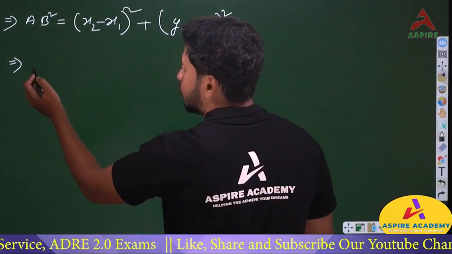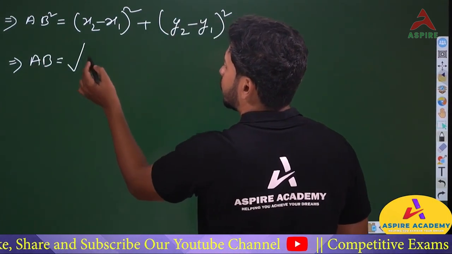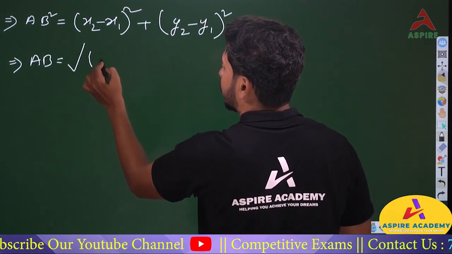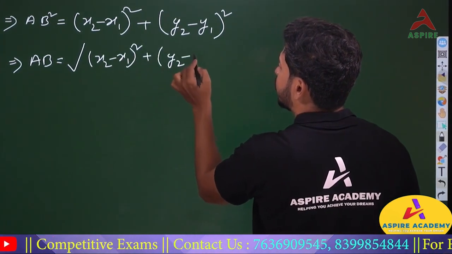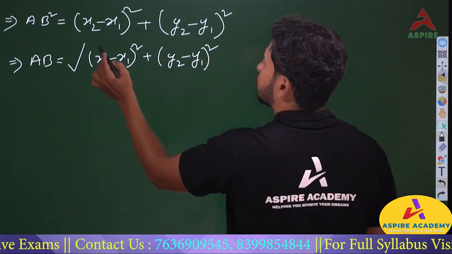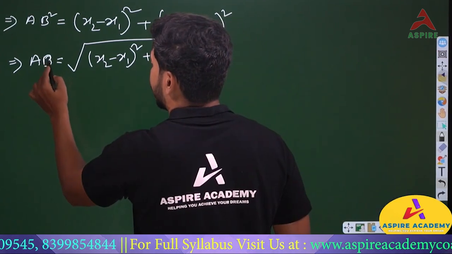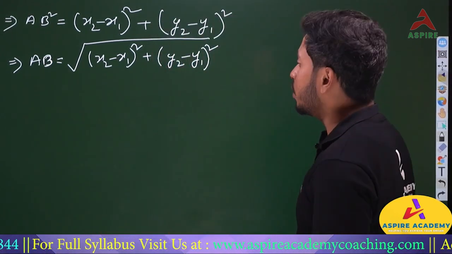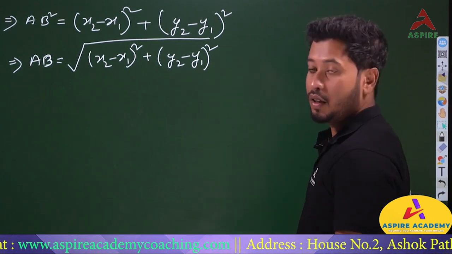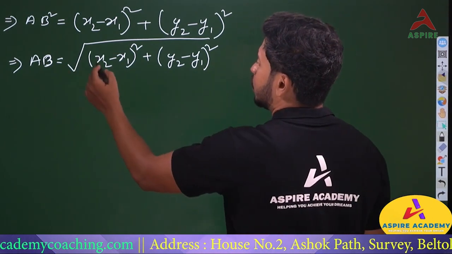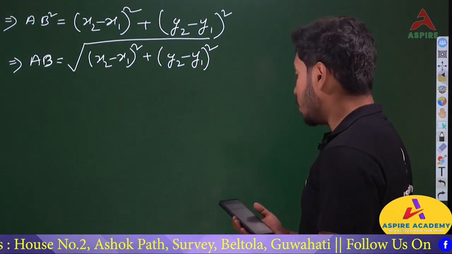If we take the square root, then we will get AB, which will be root over x2 minus x1 whole square plus y2 minus y1 whole square. So from here we got the distance formula, the distance between 2 points. That is AB equal to root over x2 minus x1 whole square plus y2 minus y1 whole square.